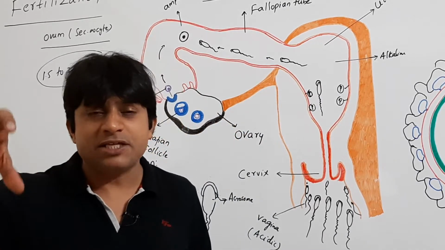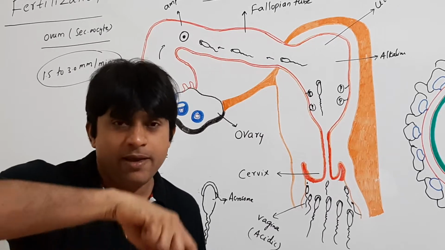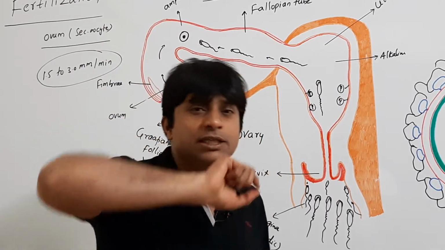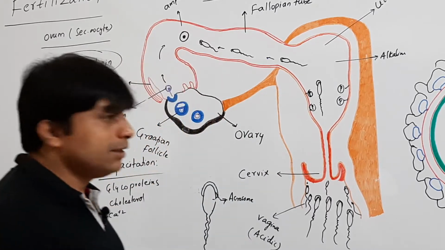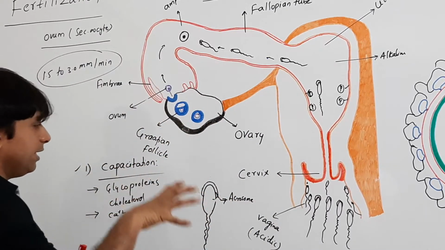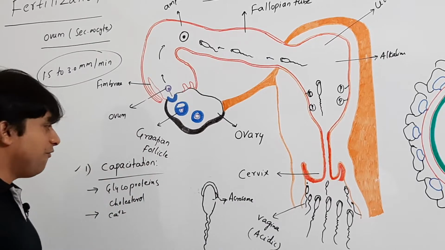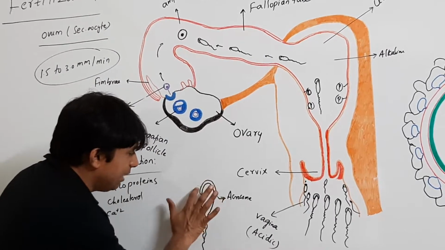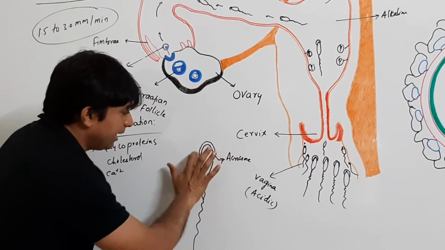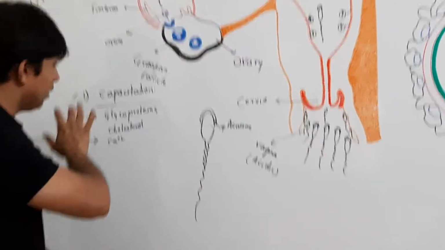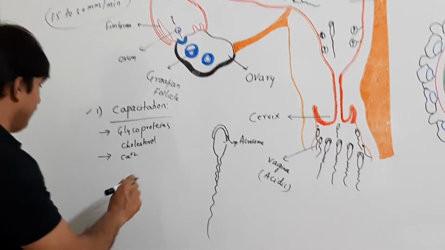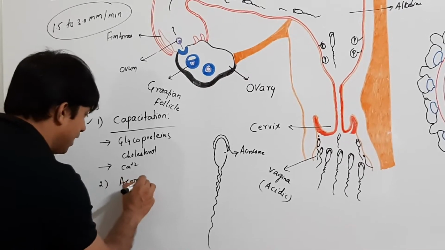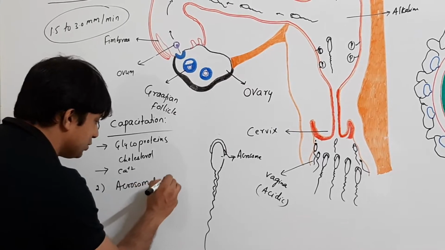They need to be placed in specific enzymes where the glycoprotein layers are removed, and then such sperms are used for fertilizing the ovum. So unless the sperms undergo capacitation, there is no fertilization. Fine. This washing or cleaning of the acrosome of the sperm head is called capacitation. Fine. Now after capacitation come the acrosomal changes.